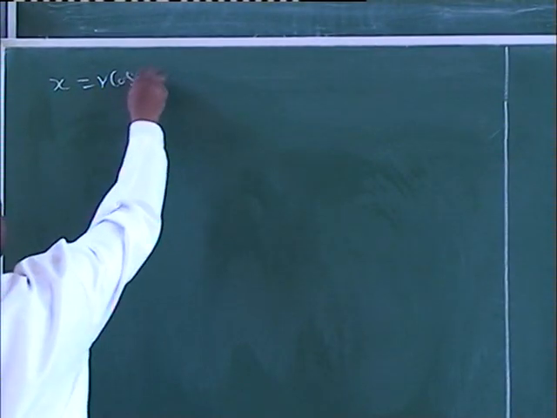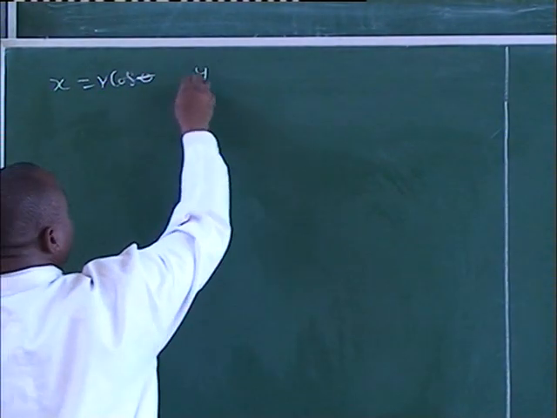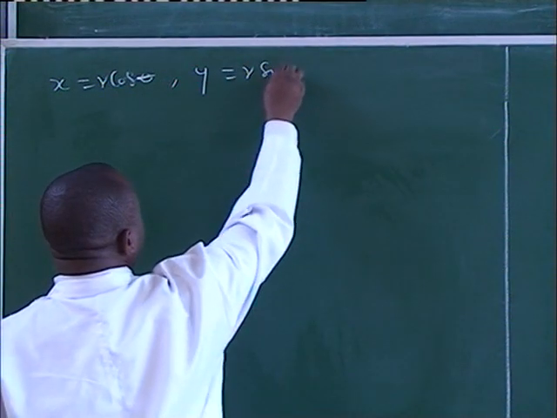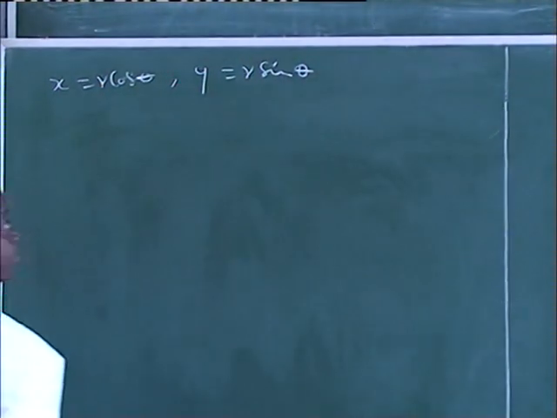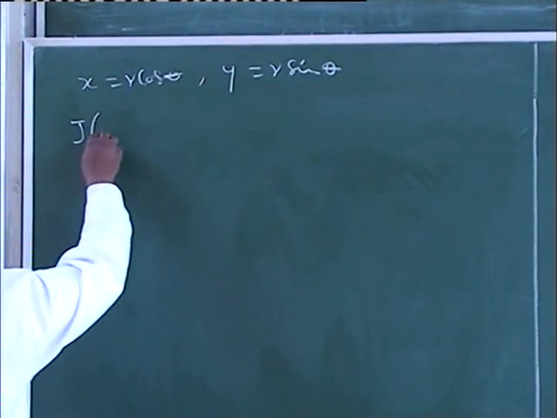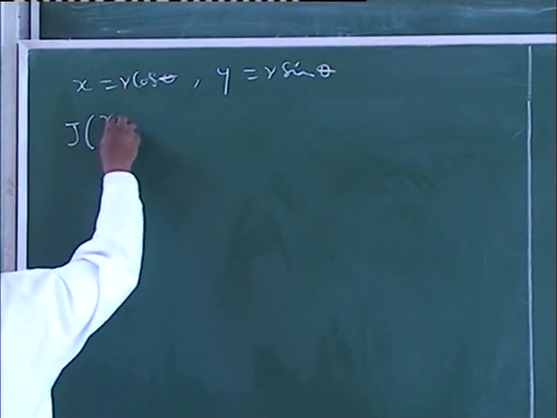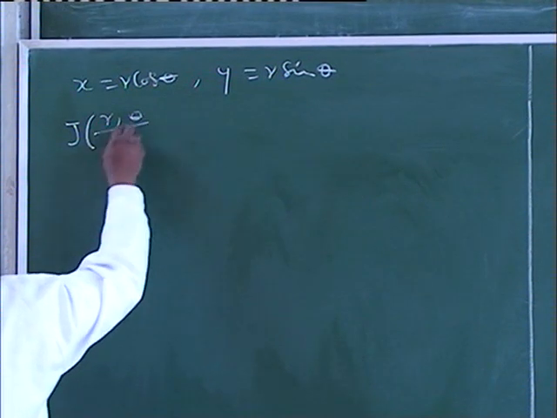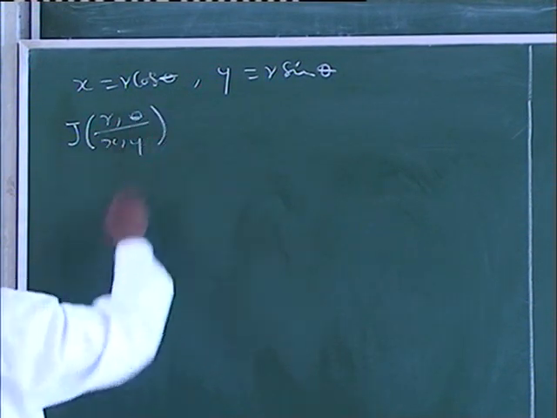Now we know that x is equal to r cos theta, and y is equal to r sin theta. Then what we need is the Jacobian of r and theta with respect to x, y.